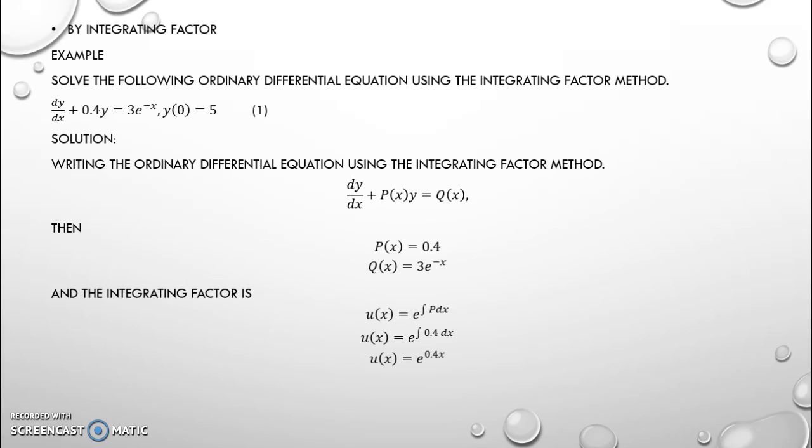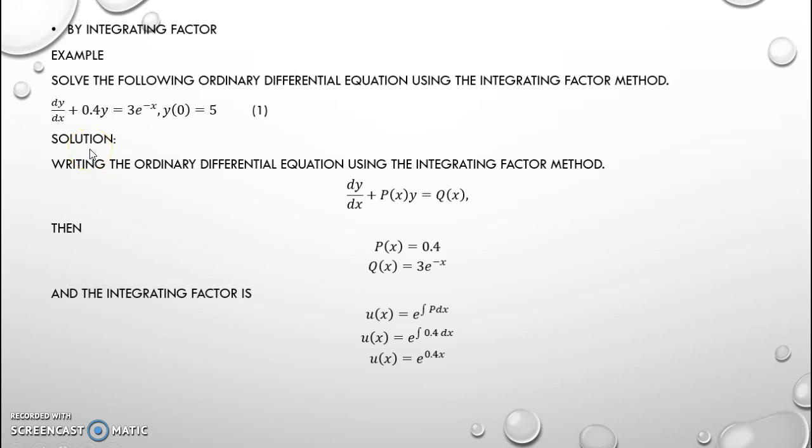Okay, next, by integrating factor. For example, solve the following ordinary differential equation using the integrating factor method: dy over dx plus 0.4y equal to 3 e to the power of negative x, where y(0) equal to 5.